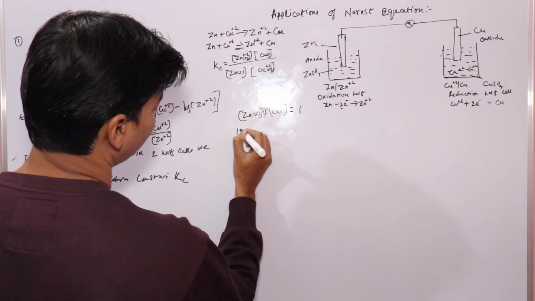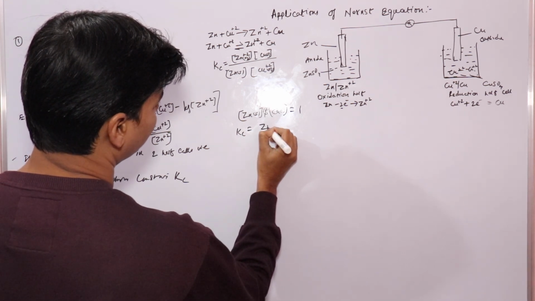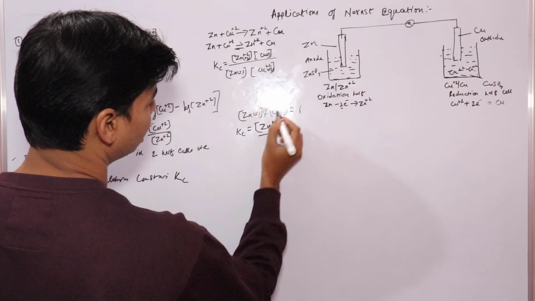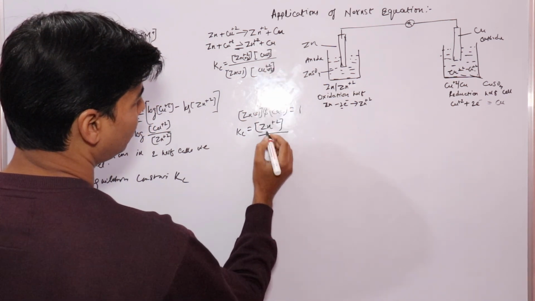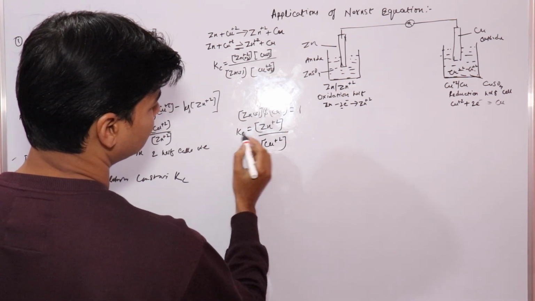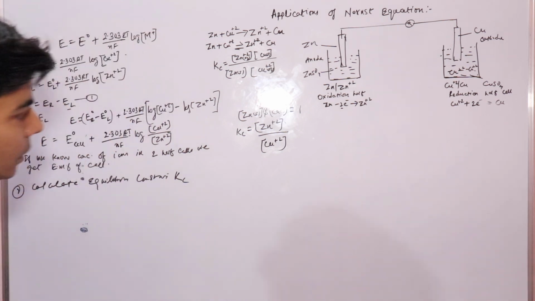So Kc would be zinc ion concentration divided by copper ion concentration. This is your Kc.